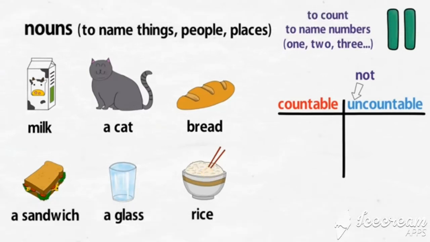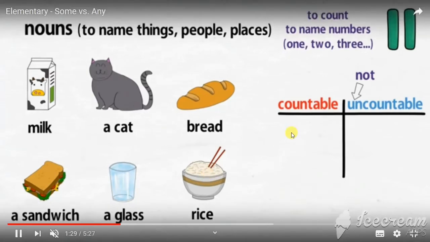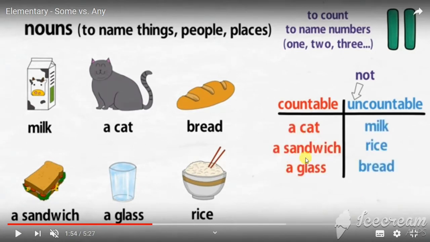So we have here a cat, a sandwich, a glass: countable nouns. Milk, rice, and bread are uncountable nouns.